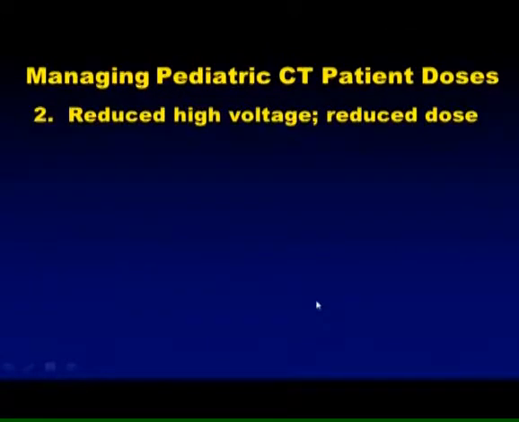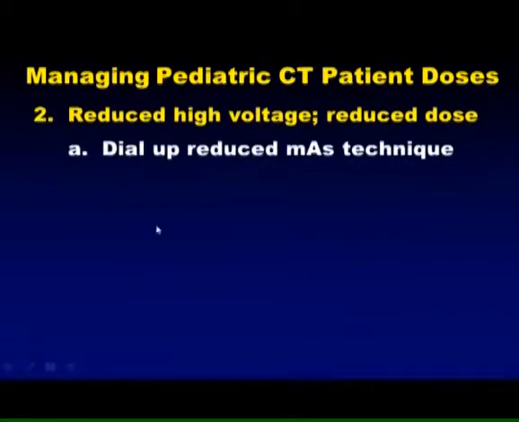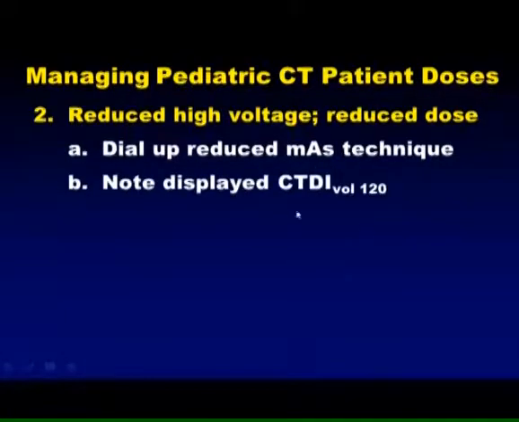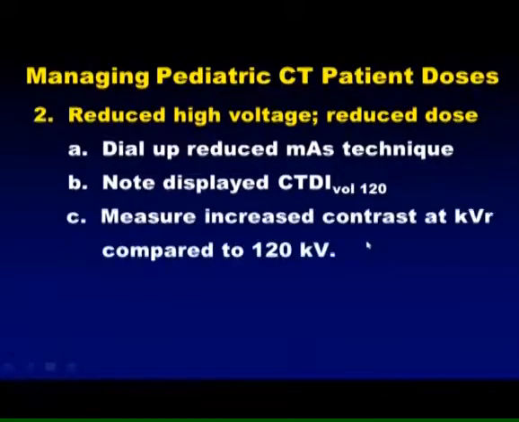That's one scheme. Another scheme is I can reduce the high voltage and I can also reduce the dose. It's a little more involved. I start out the same. I dial up the reduced mAs technique, as I did before. I note the displayed CTDIvol at 120. I measure the increased contrast at my targeted lower kV versus 120. How do I do that?